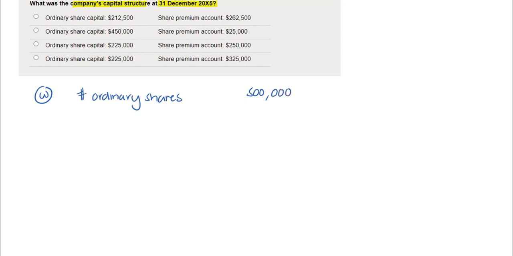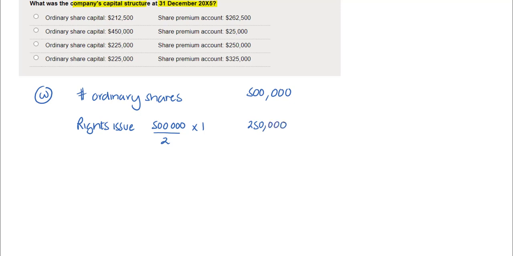Next, we know that a rights issue takes place. The rights is made at 1 share for every 2 held. So this means we can work out the number of shares on the rights issue by simply taking 500,000, dividing this by 2 and multiplying it by 1. This would give us 250,000 shares that are given on the rights.